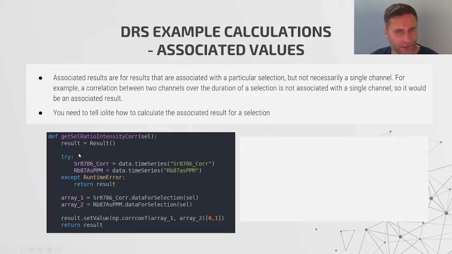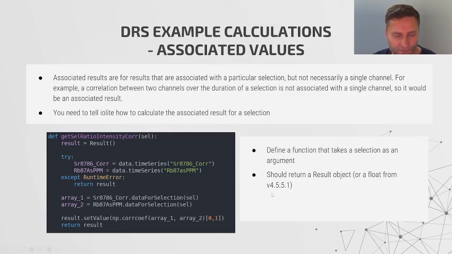Now, the function that you have to define, so this is defining the function, it has to take a selection as the parameter, because this is the function that will be called for every selection once the DRS finishes. So it takes the selection, and what it does is it returns a result.